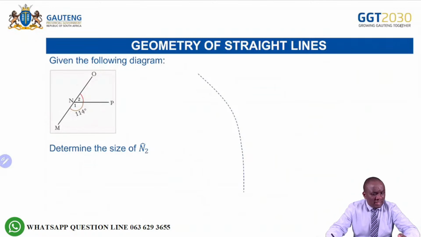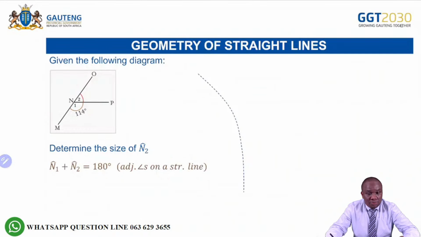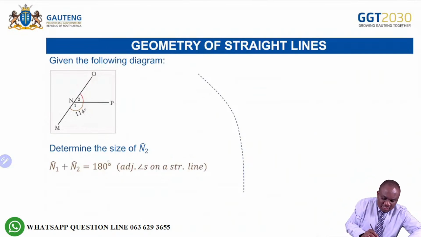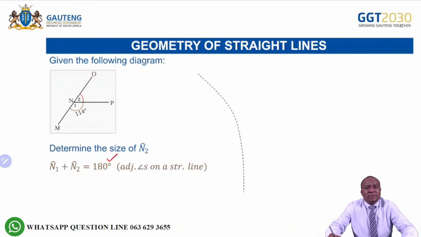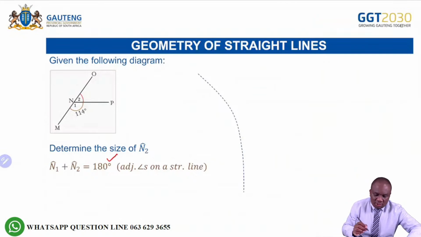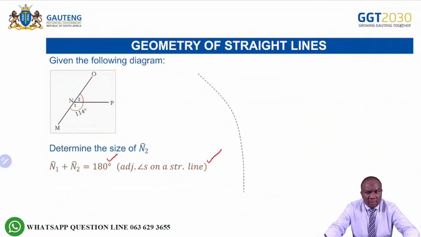The statement is N1 plus N2 is equal to 180 degrees. Why are we saying that? Because these two angles are adjacent angles on a straight line.